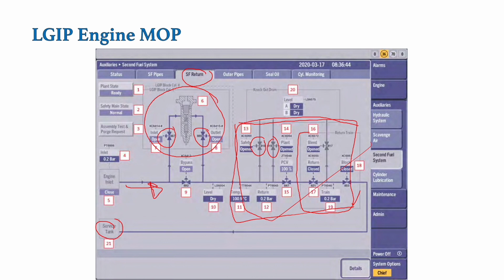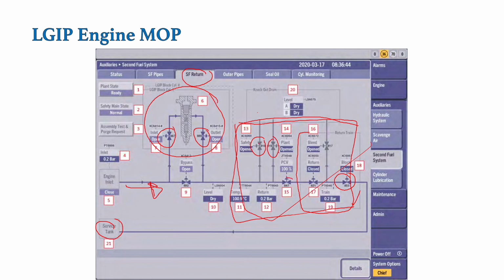So when the engine is stopped with any kind of abnormality, which can be because of any kind of safety reasons, then at that time this outlet valve to the engine or the supply system will be shut, and the leftover LPG which is there in the piping will be purged out directly to the vent mast with the help of these two valves.